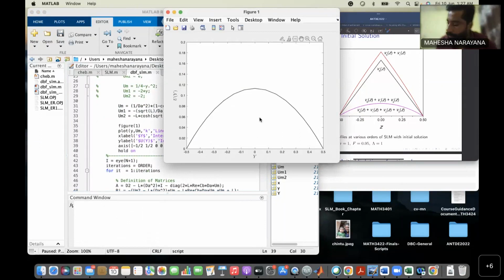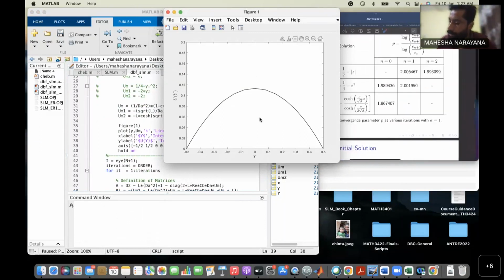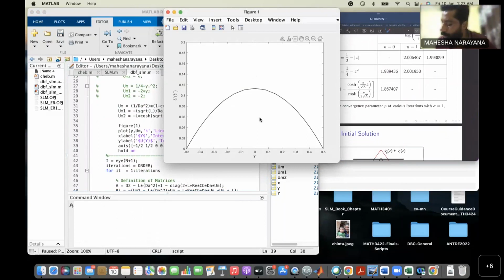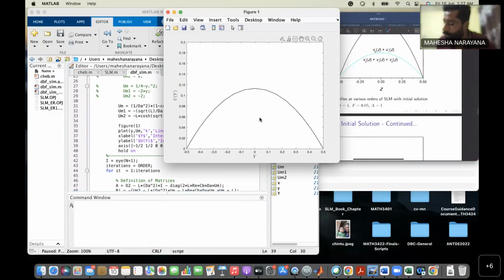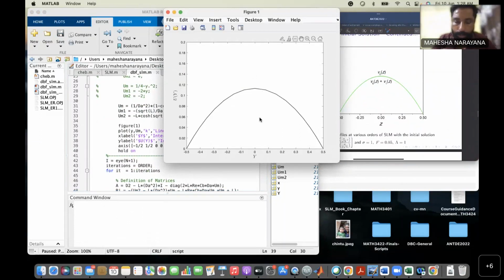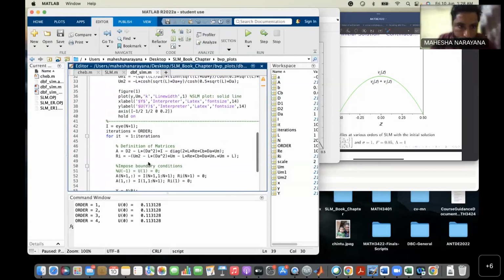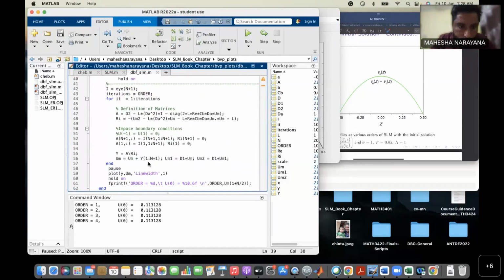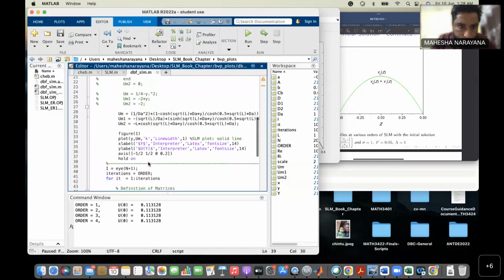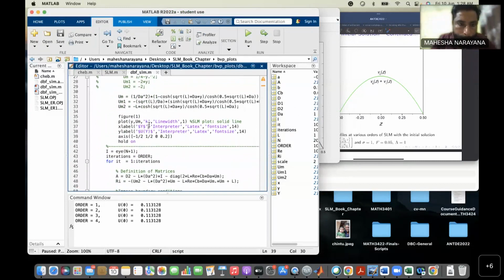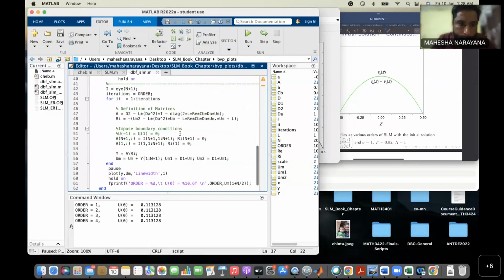I have it on the slides also, but I'll show it using the code. So it's the first level; the color is changing, but it stays on the black one itself.